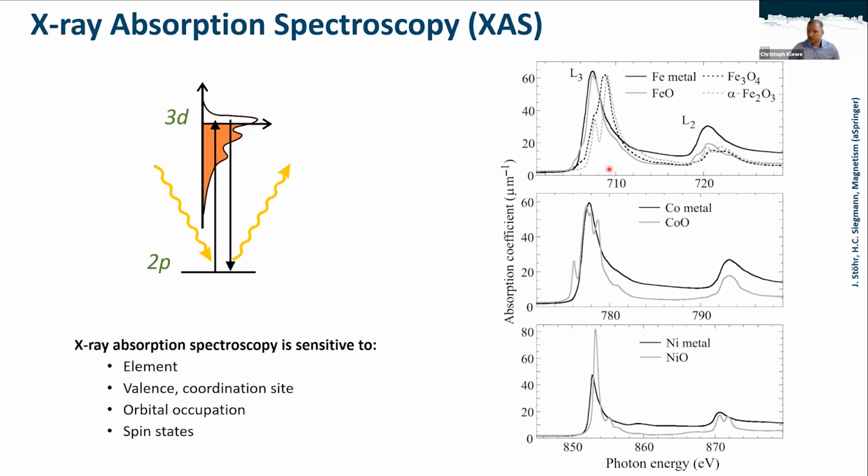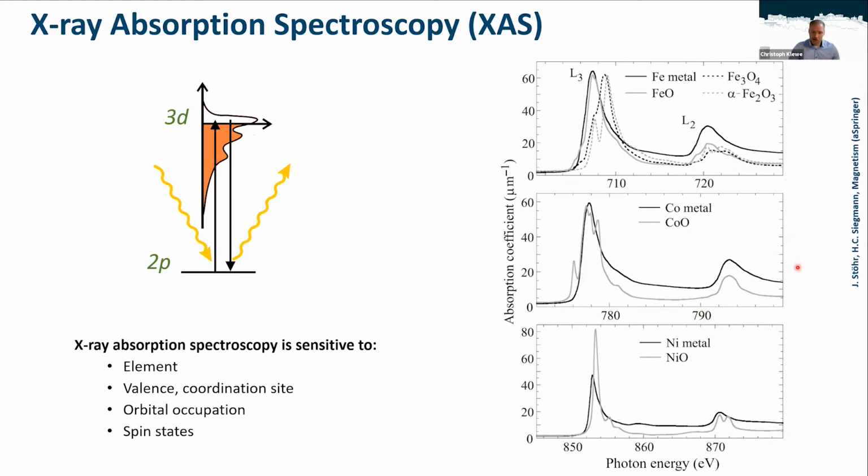For example, the iron L2 and L3 edge have their energies here between 700 and roughly 740 eV. The cobalt is between 760 and roughly 800 eV, and the nickel lies between like 840 and roughly 890 electron volts.